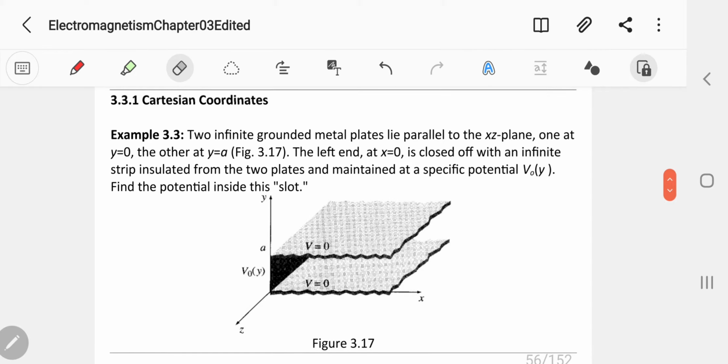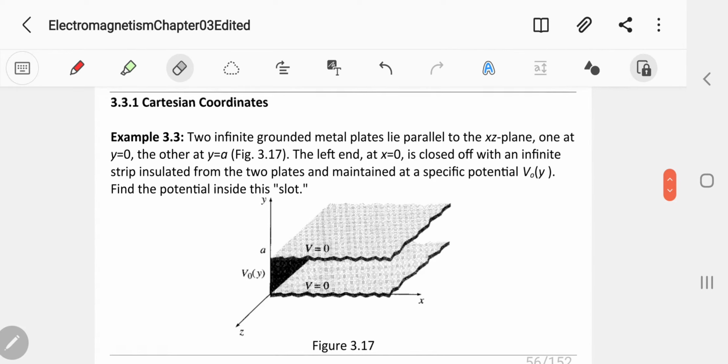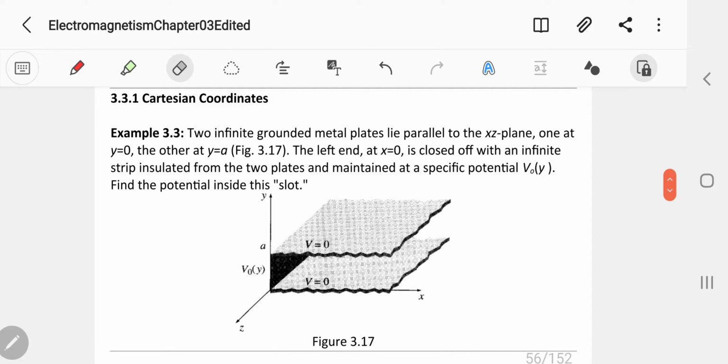In this example, we take two infinite grounded metal plates lying parallel to each other, parallel to the xz plane here: one at y equal to 0, and the other at y equal to a.